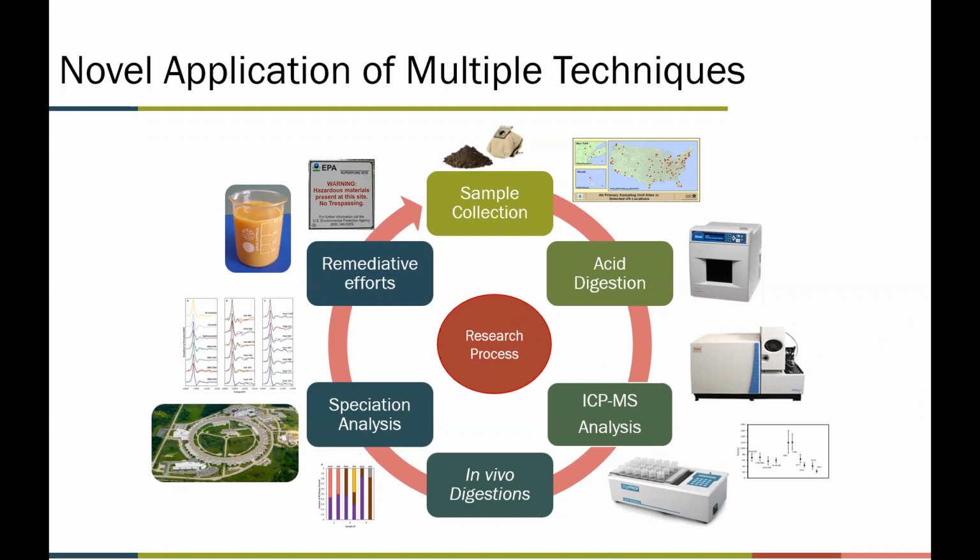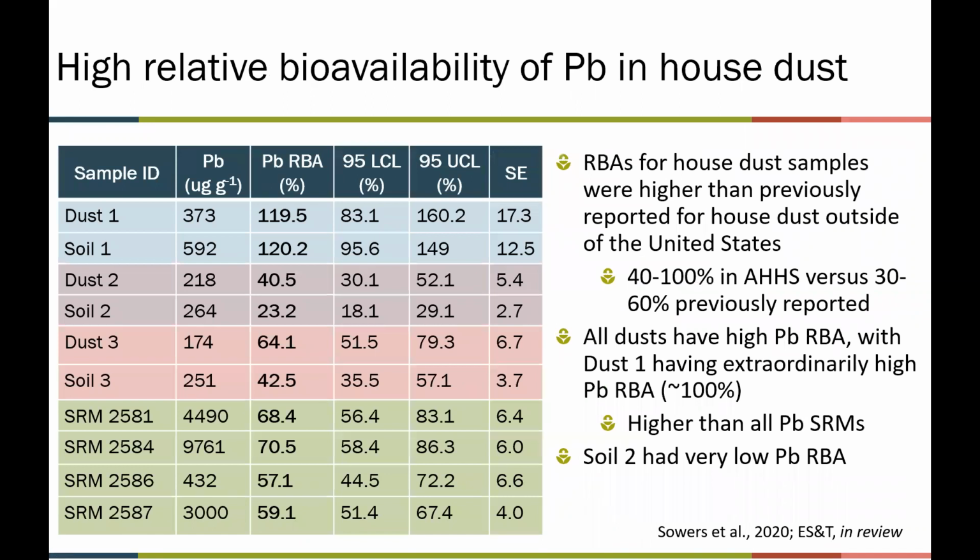In summary, we found that relative bioavailability was quite elevated for the house dust samples and for the soils. We can see here that these are connected based off numbers, so dust 1 and soil 1 are connected. And relative bioavailability was actually over 100%, which is possible. It showcases that they're extraordinarily bioavailable.